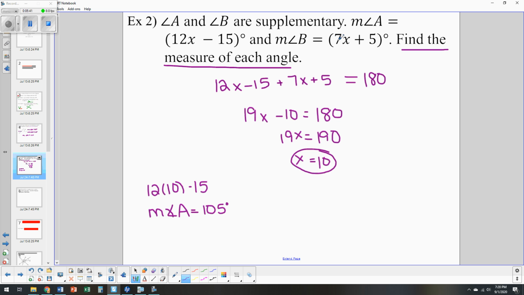For angle B, I'm going to do 7 times 10 plus 5. So that's 70 plus 5. The measure of angle B is 75 degrees. And if I do a quick check, try to plug these back in, 105 plus 75 equals 180. So it's always a good idea to check your work.